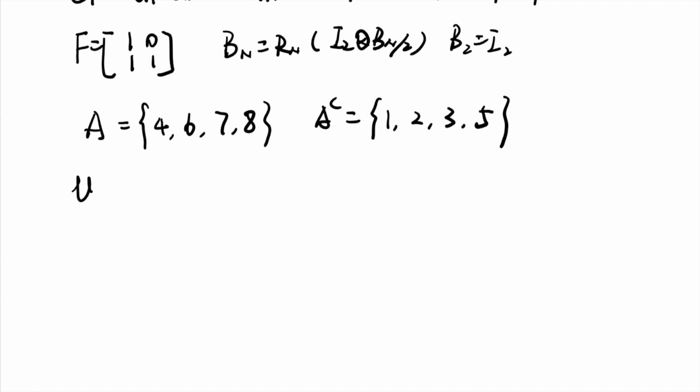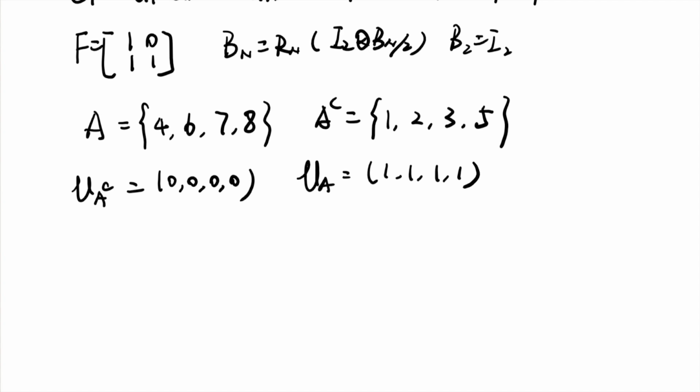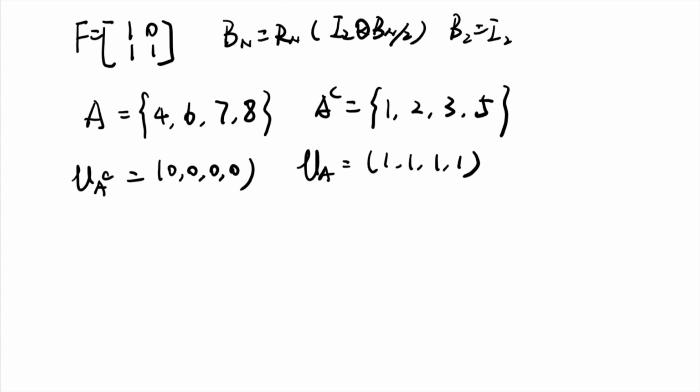And we assume that the frozen bit is 0, and the message we want to transmit is 1, 1, 1, 1. So for the bit mixture we get 0, 0, 0, 1, 0, 1, 1, 1.